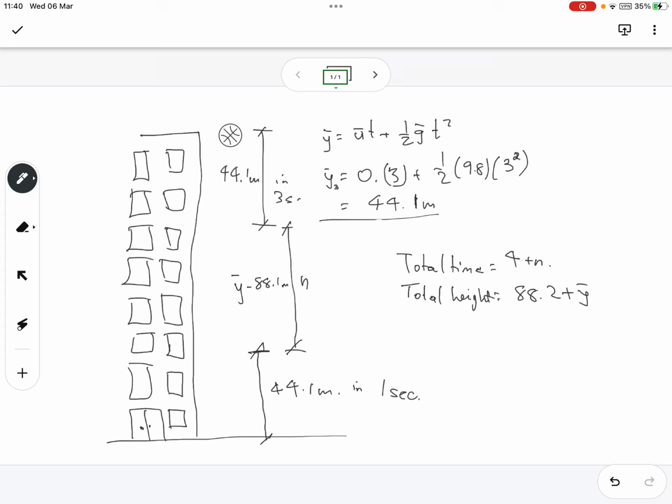If we take this height for the first 44.1 meters, let's call it y at 3 seconds, and if we take that height, right, and then add these two.